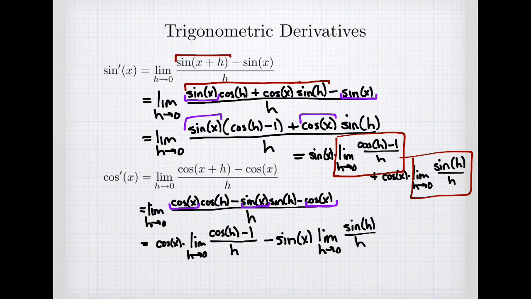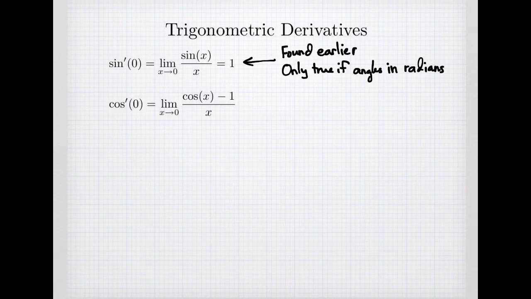And again, I have those same two limits. I need to know the limits of sine h over h and the limit of cosine h minus 1 over h. One of the limits that we needed to find, the limit of sine x over x as x goes to 0, we actually did earlier.